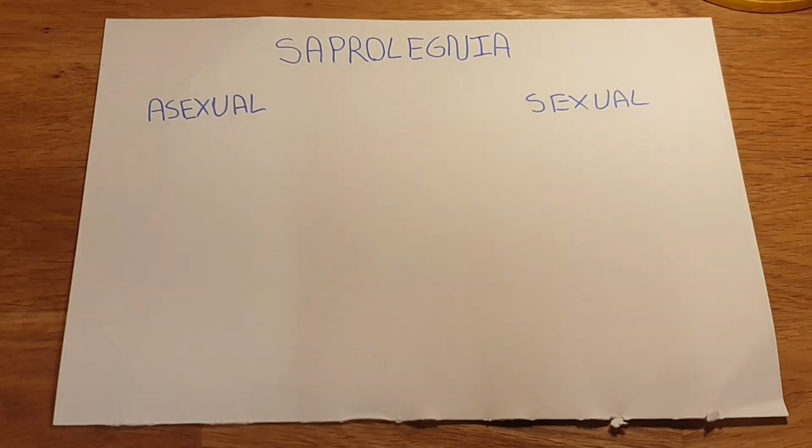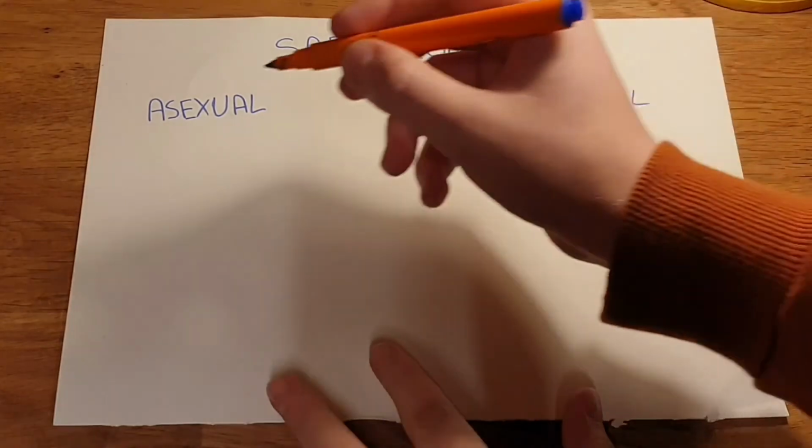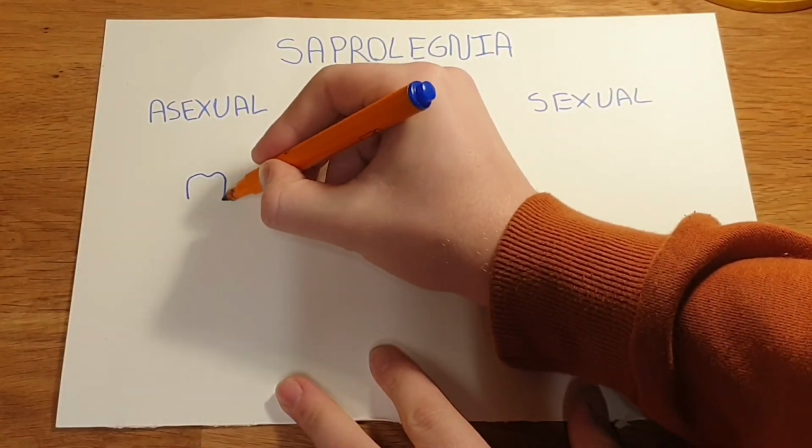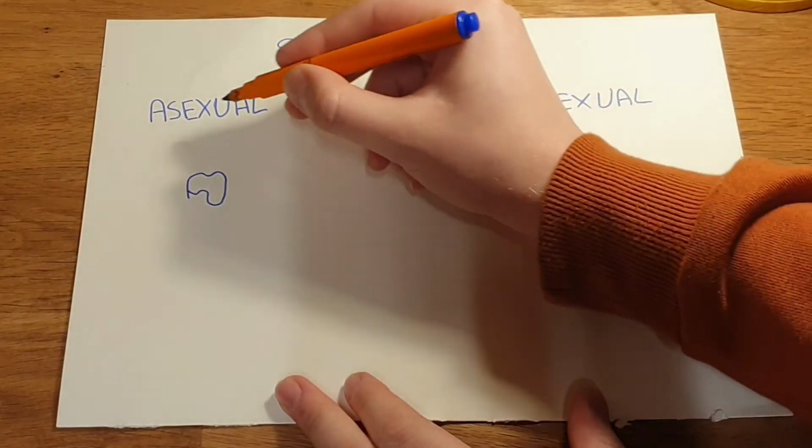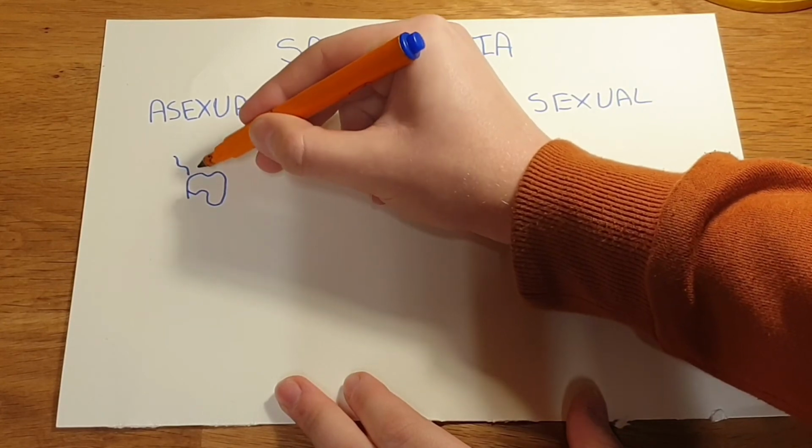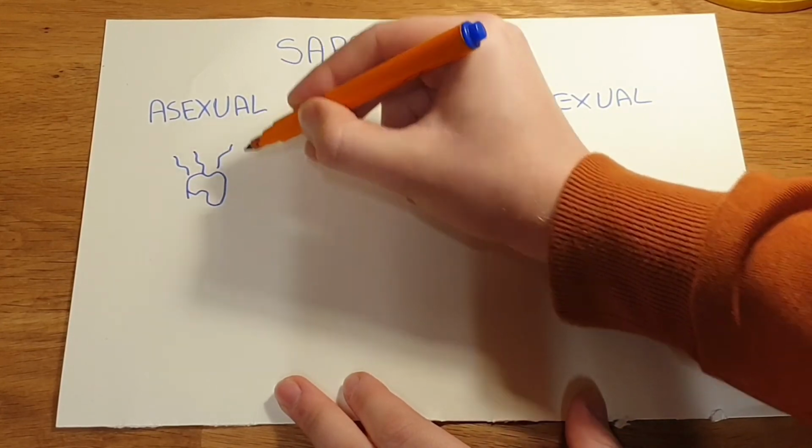So the Saprolegnia fungus for asexual produces things called mycelium. So here's the fungus. It will produce cotton-like threads, fibres should I say, called mycelium.